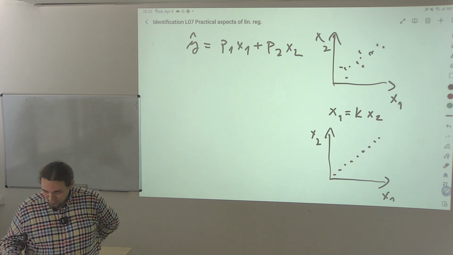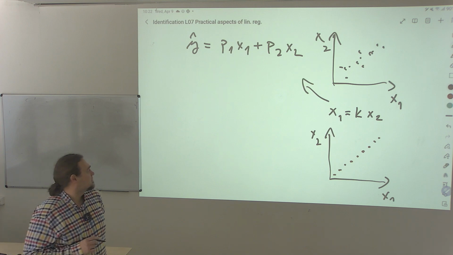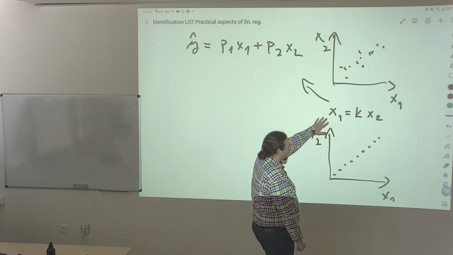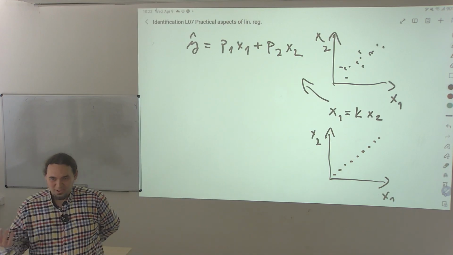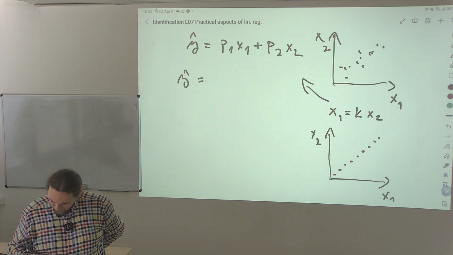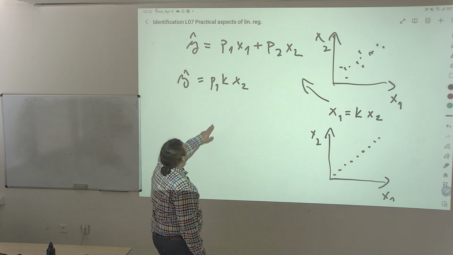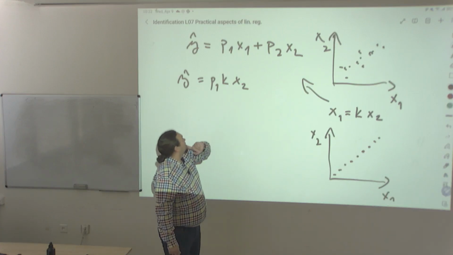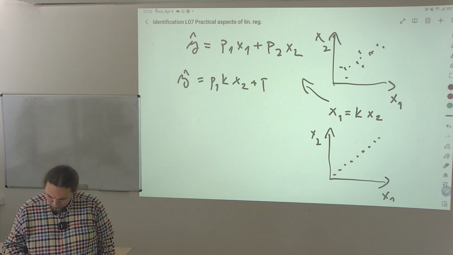Let's see what are the consequences. So we can just easily plug this relationship. We don't always know about it, but we can assume that it exists. If it exists, then what? Let's plug it in, p1 k times x2, replacing the x1 variable, and we keep our x2.